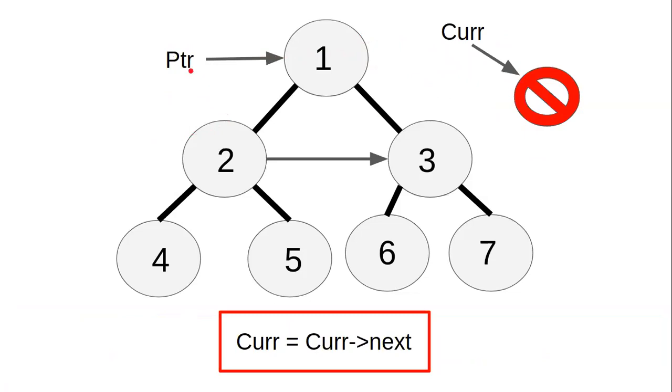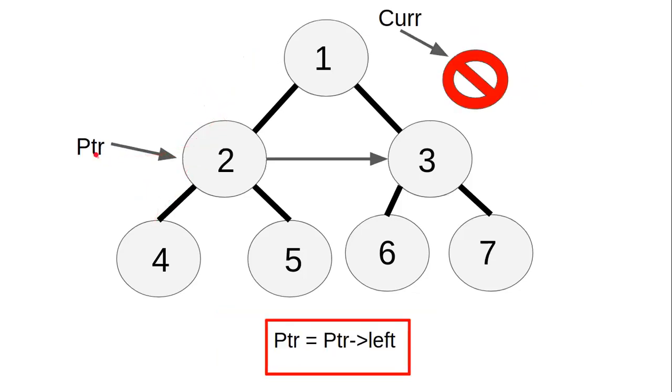So now PTR will move to its left, because the job of PTR is to move to the beginning node of each layer. So it will now just move to 2. Now PTR is at 2, and current is pointing to that same node.